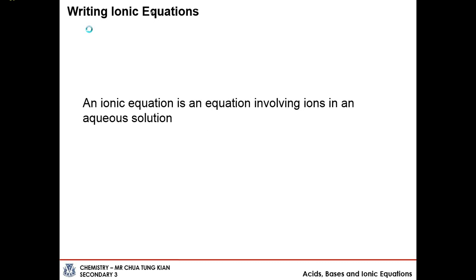Without knowing the main chemical equation, there's no way that you can write the ionic equation, because you need to know how to split the main equation first. But once you know that, the writing of ionic equations is actually very, very simple.